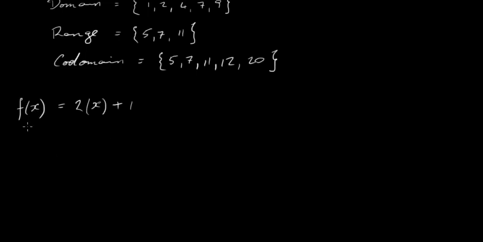So for example, in this case, f of 3 would simply be 2 times 3 plus 1. Instead of the x, we're putting in a 3. So 2 times 3, 6, plus 1, 7. So our input is 3, our output is 7.